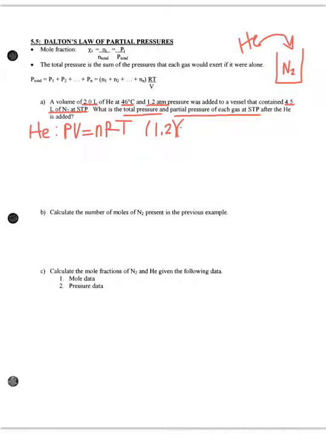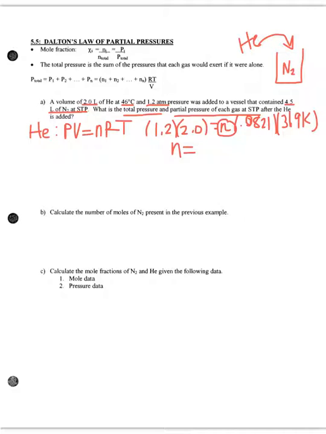Volume is 2 liters. We don't know what n is. R is the gas constant, 0.0821. And temperature in Kelvin, so add 273 to 46, 319 Kelvin.